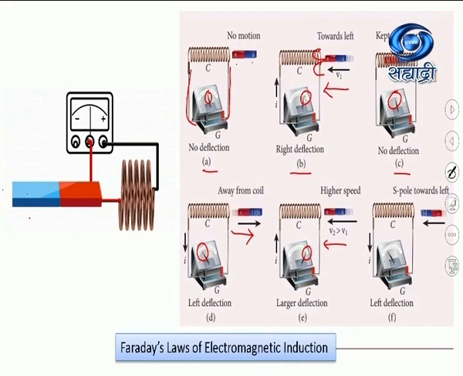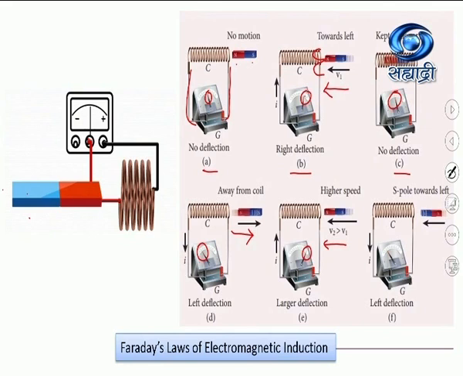Due to that, the rate of change of magnetic flux associated with the coil increases, and that's why the amount of EMF generated in the coil will be more, which will cause more current to flow through the coil, and hence the deflection in the galvanometer is more.